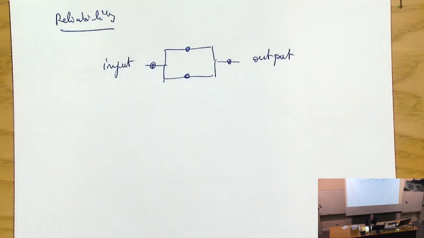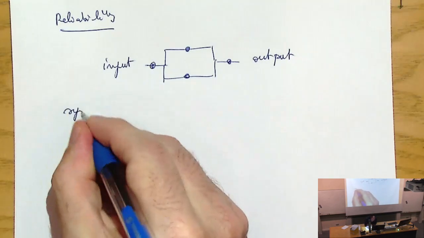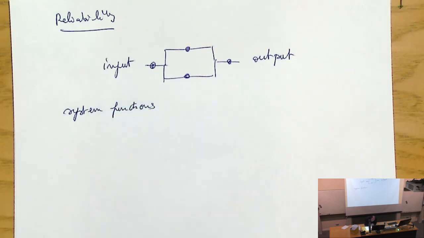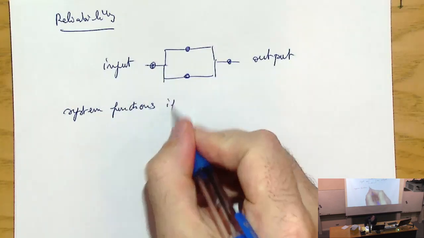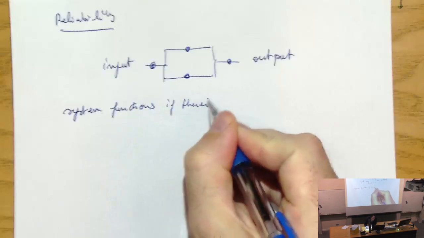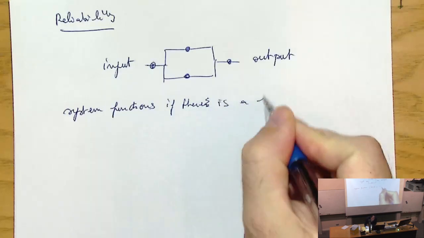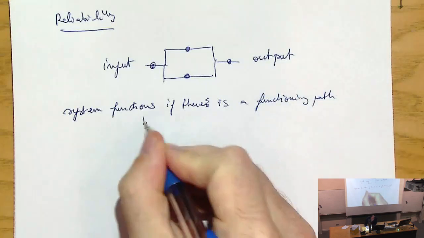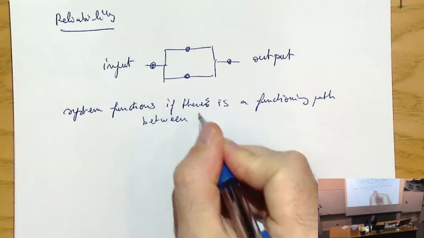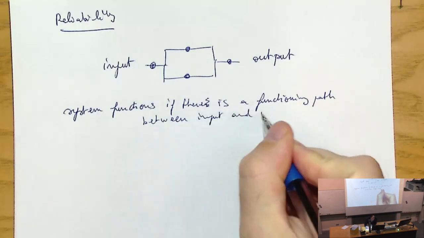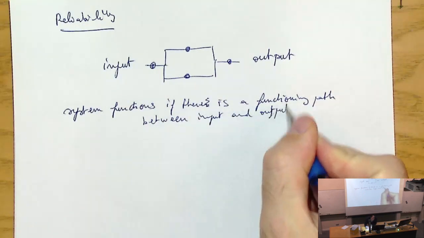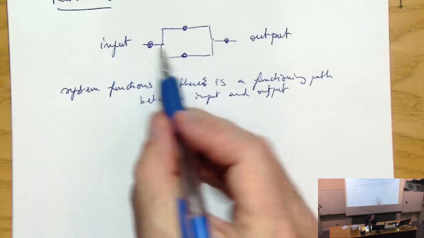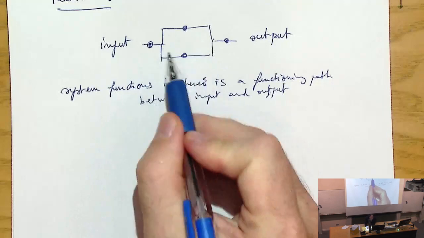And I'm saying that the system functions properly if there is a functioning path between the input and the output. And what I want to compute is the probability that the system functions. So here is a combination of components in series and in parallel.